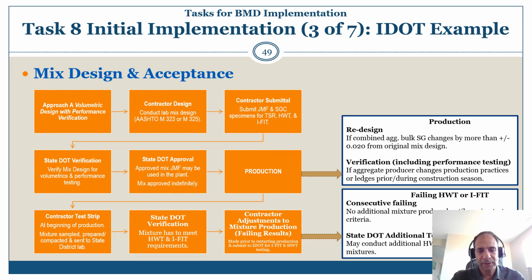If everything looks good, then the mix design is verified, and then the contractors now can start the full productions. At any time, if there are failing results, whether for the iFit or the Hamburg wheel tracking test during the productions, then the contractors have to implement some adjustments to their mixtures in order to have passing results.